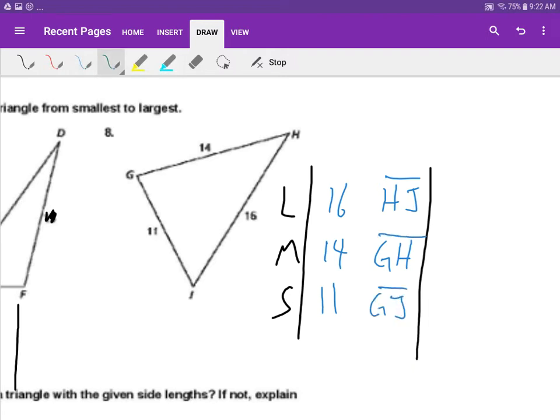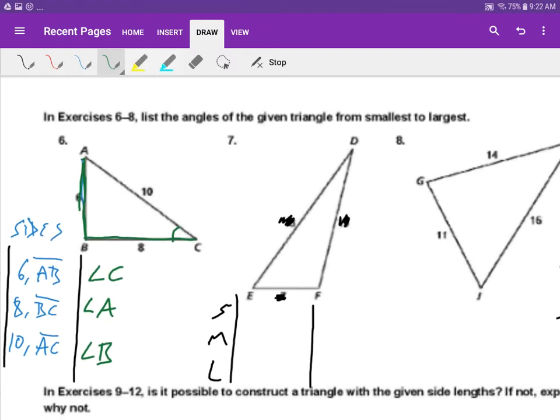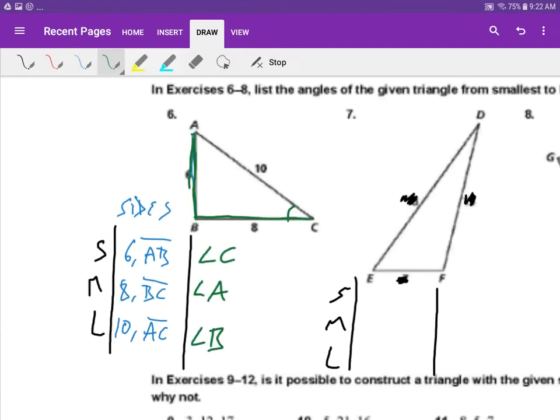Here's a shortcut. Look at this. Let's go back to this one. On this one, number 6, the 3 letters are what? A, B, and C. So look, on small you have AB. What's the angle? On medium, BC, what's missing? AC, what's missing?